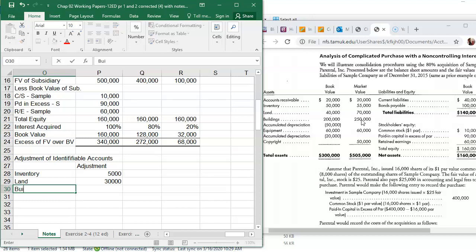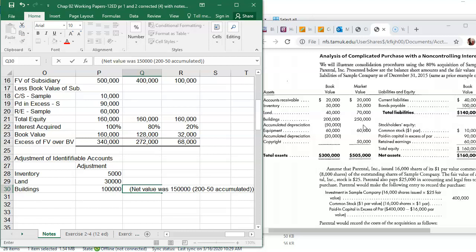So for the buildings, I have to do a full 100,000. And it needs to be 250, so I have to add 100 to that. And then equipment, I have to do the same thing. 60 minus 20 is 40, and it should be 60, so equipment's going to be 20.